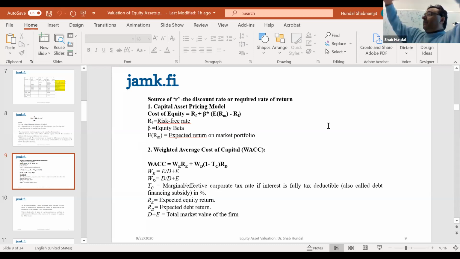But if I want to bring the bigger picture into discussion, then I will be using the rate of discount as WACC, which is equal to the weighted average cost of capital. Weighted average cost of capital includes both debt and equity.